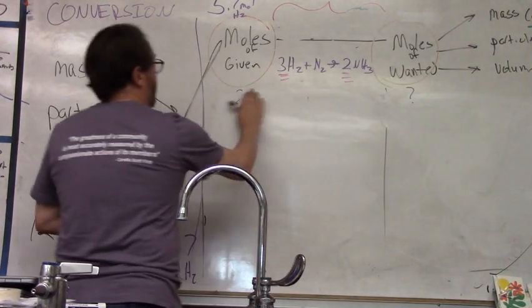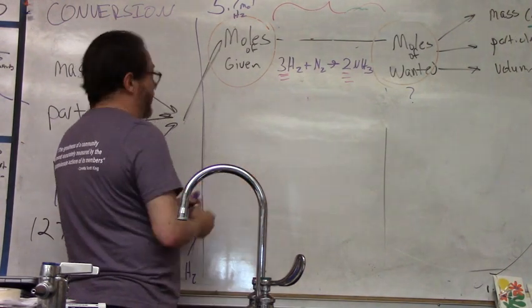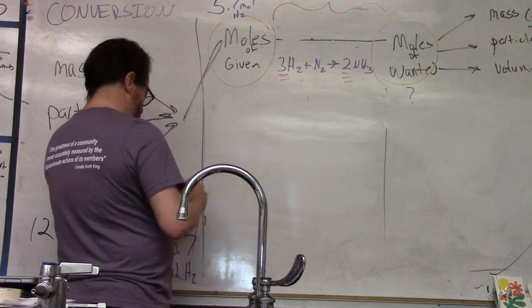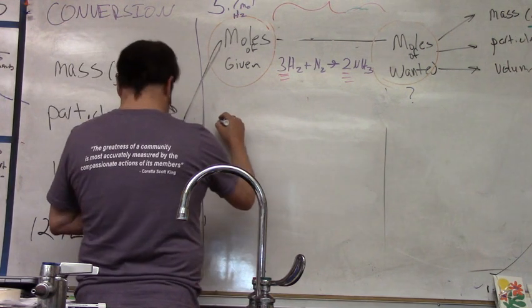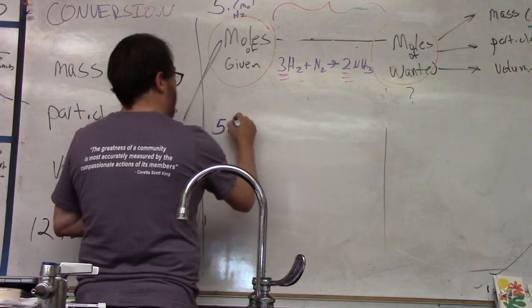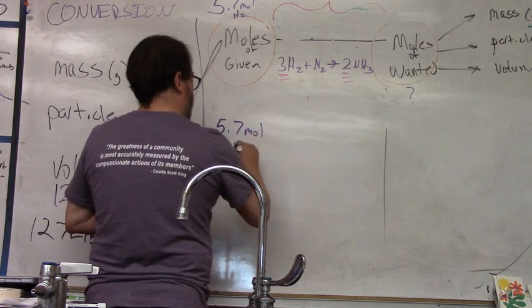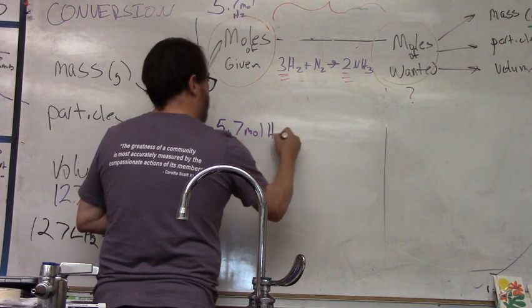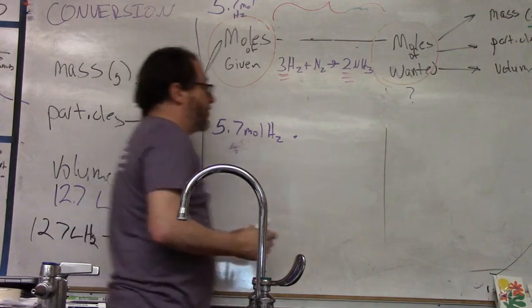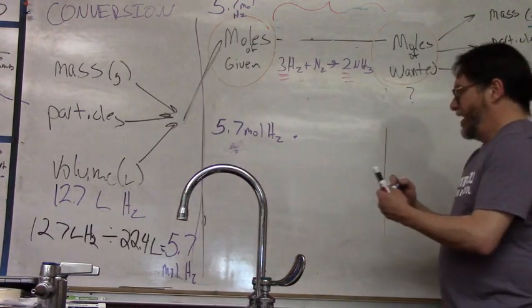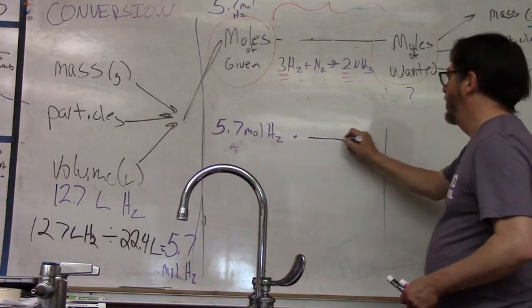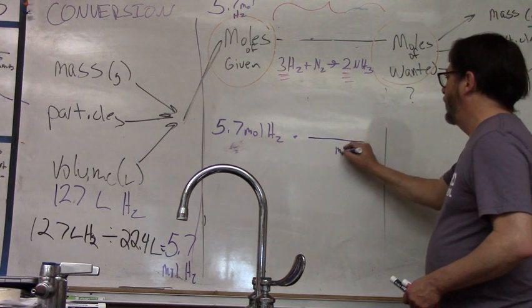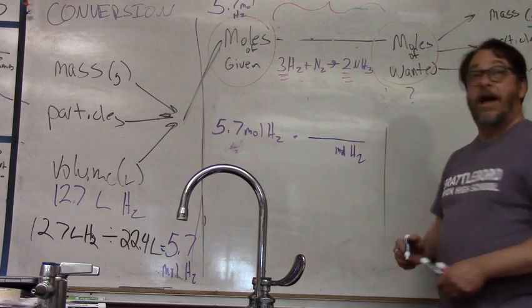And so now in this section, this is the stoichiometry. I will put my 5.7 moles of H2, and then I'm just going to multiply it times the conversion factor that's there to make moles of H2 go away.